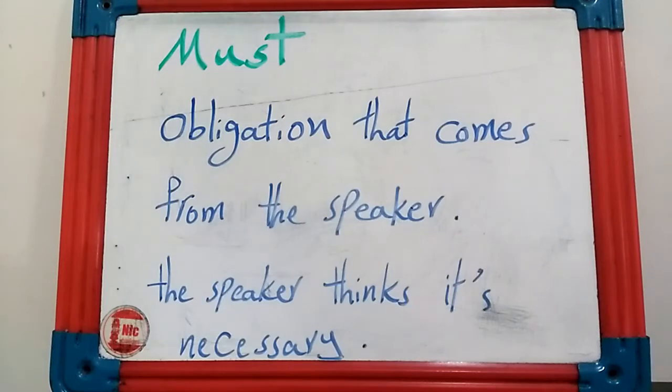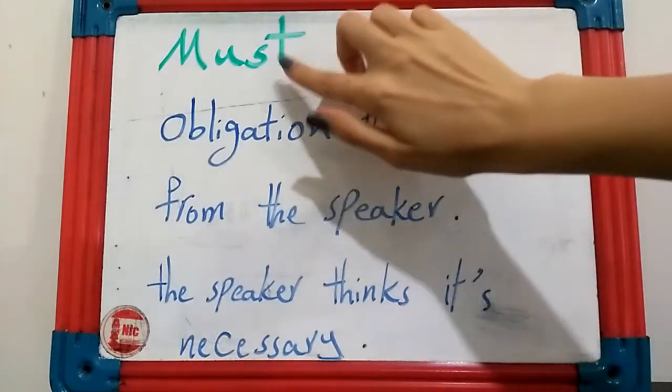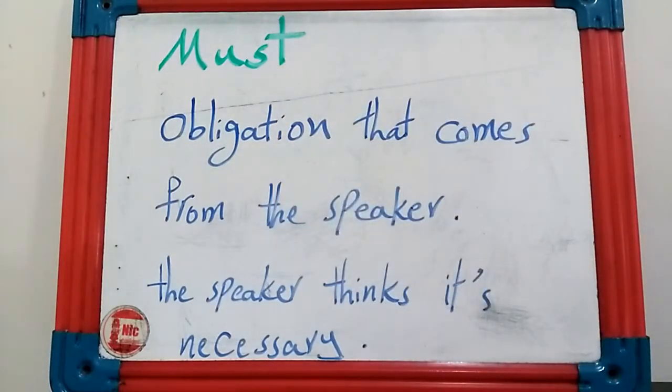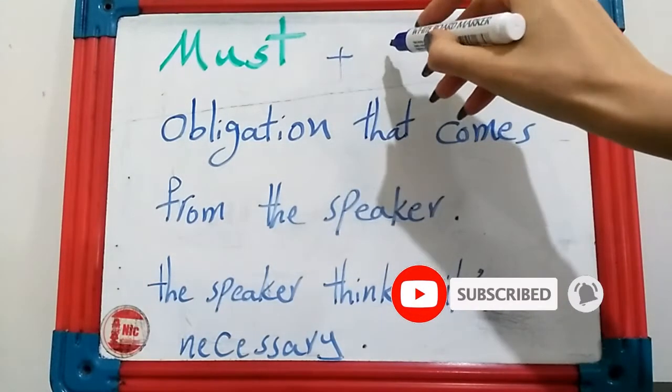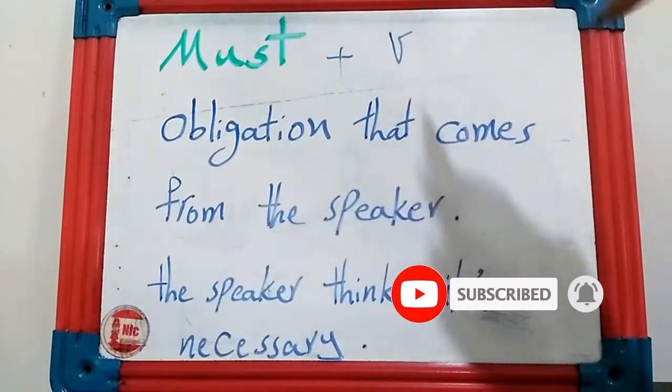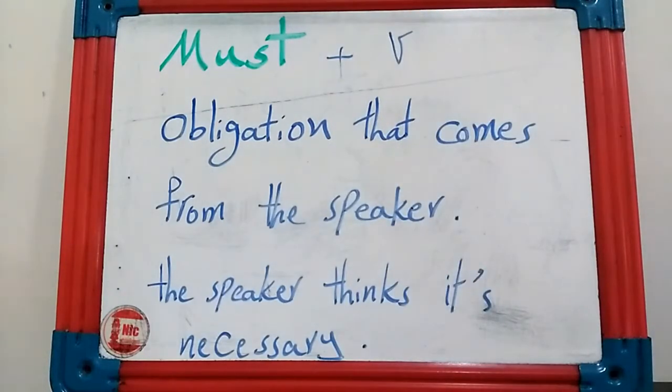Okay, first of all, we know that must is a modal verb, yes, and after must we should write the simple or base form of the verb. Must, simple or base form of the verb. What does it mean in Persian?